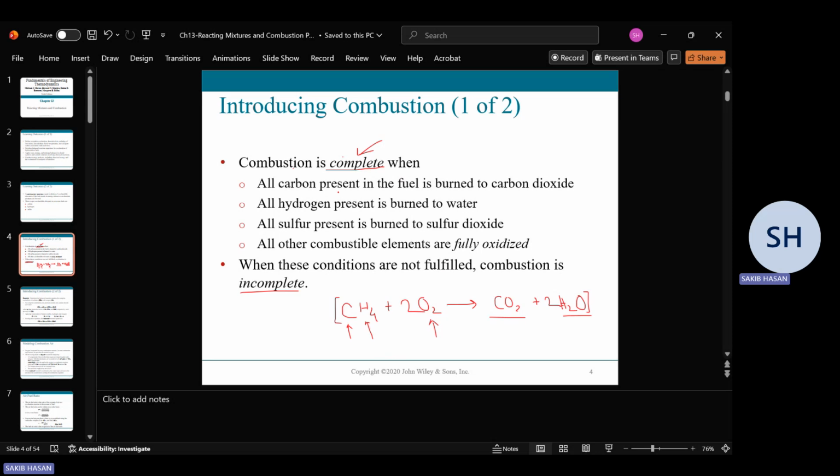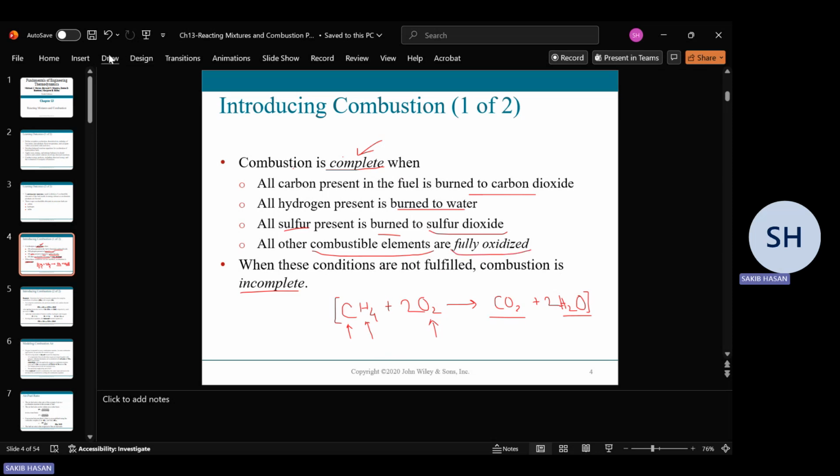The same has been stated here, as you can see. If you have sulfur, in a complete reaction, all of it is burned to form sulfur dioxide. And if you have other combustible elements, for instance nitrogen, they must also be fully oxidized.